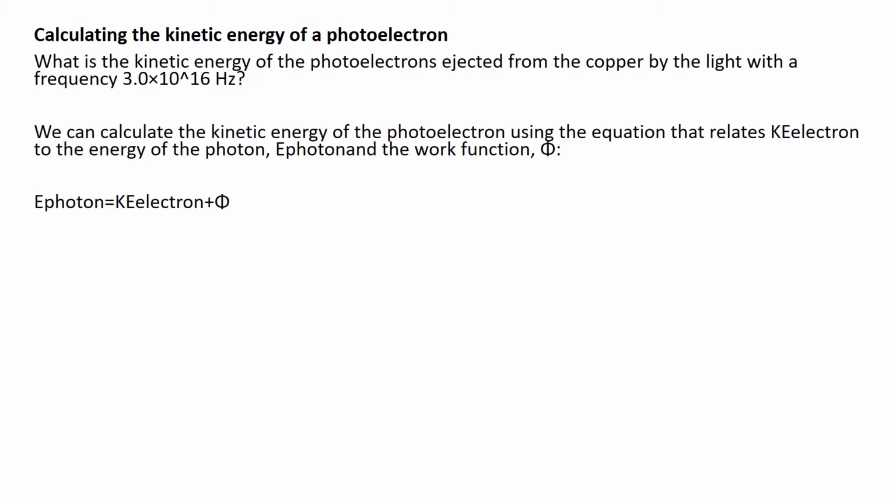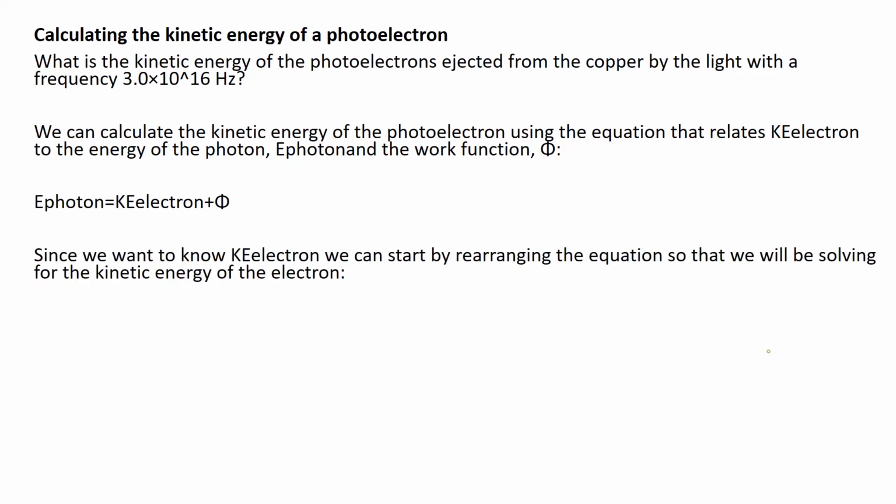Since we are now looking for the kinetic energy, we can start by transposing the equation. From the original formula, kinetic energy of the electron is equal to energy of photon minus the work function. We can now insert our known values for the energy of the photon and the work function.